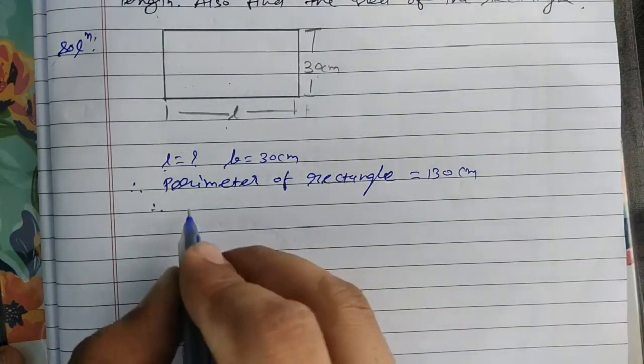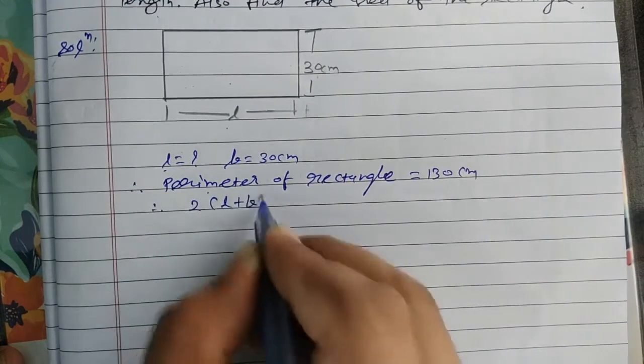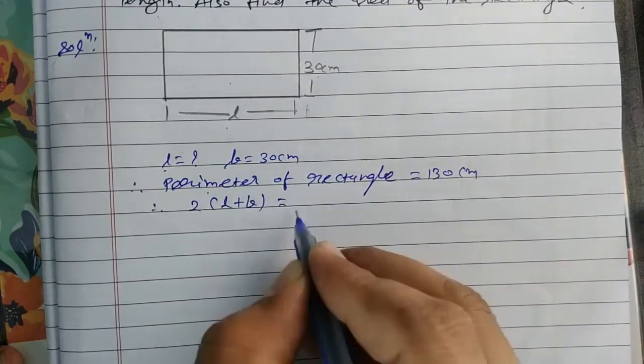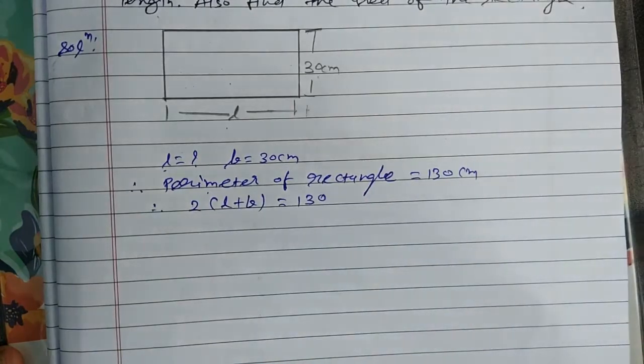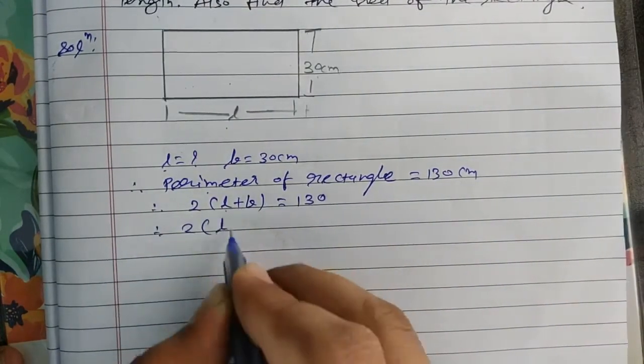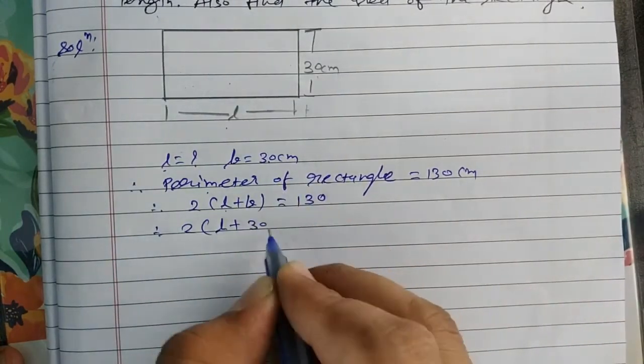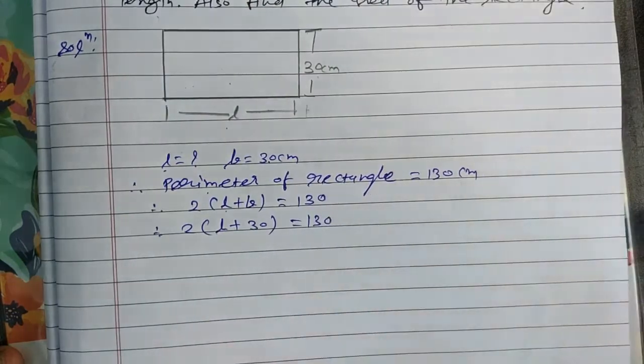Therefore perimeter of rectangle we will use here formula, that is 2 in the bracket length plus breadth is equal to 130. Therefore 2 in the bracket length we have to find, so we will write L only, and breadth we have, that is 30 centimeter, that is equal to 130.